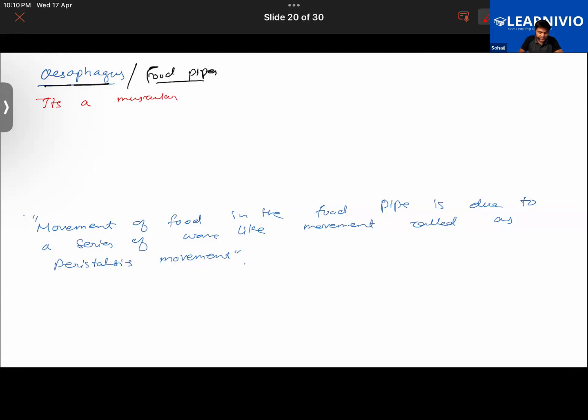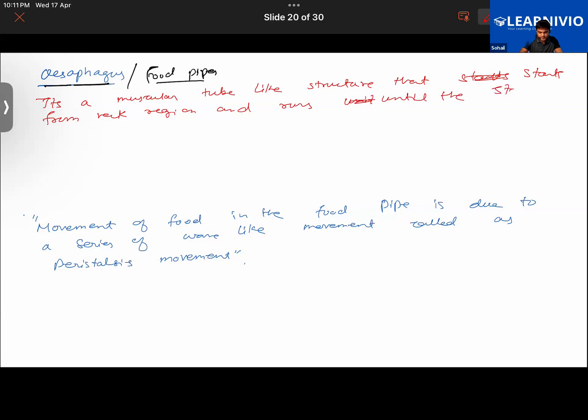Okay, now. So this is a muscular tube-like structure that starts from the neck region and runs until the stomach in animals.